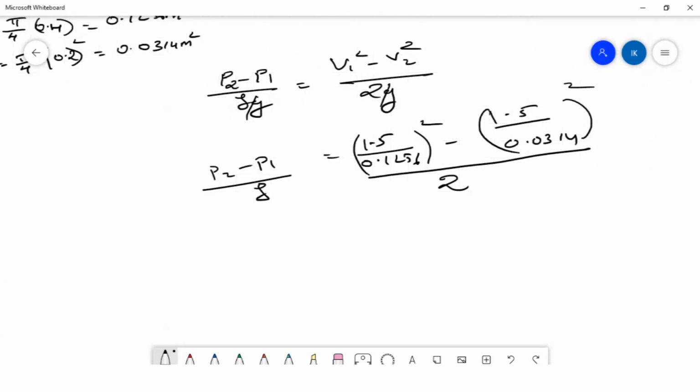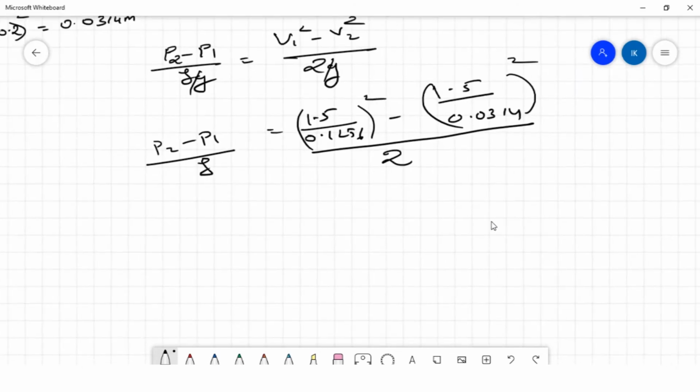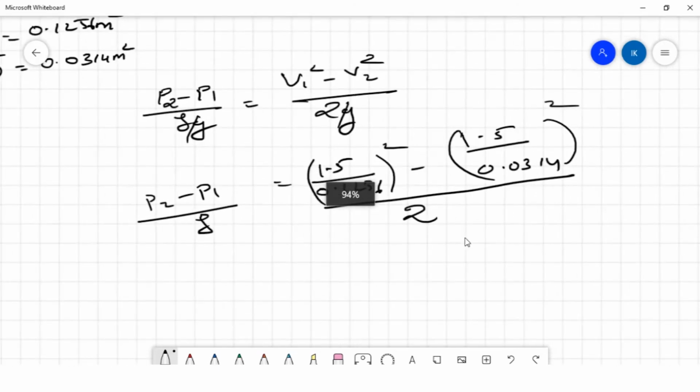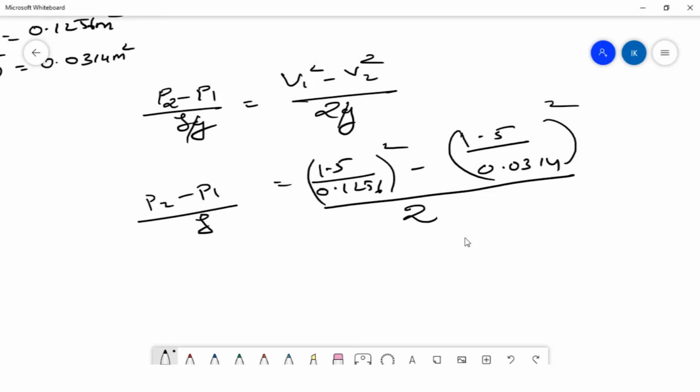Next, the density of air is nothing but 1.2.